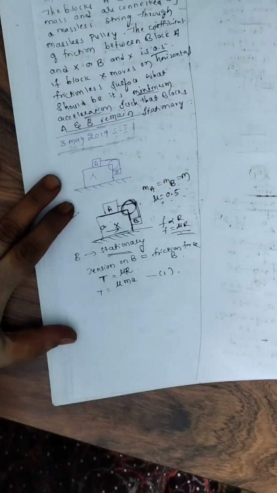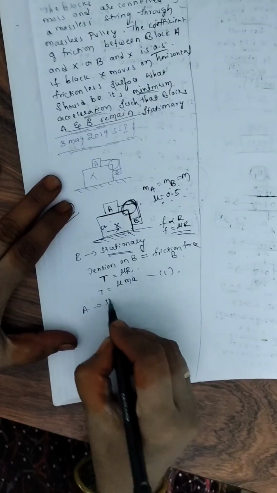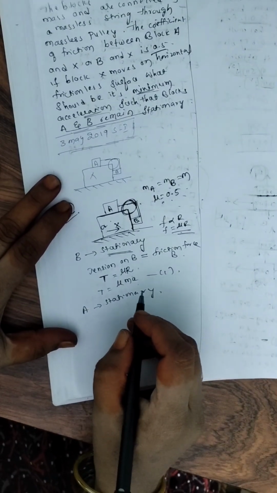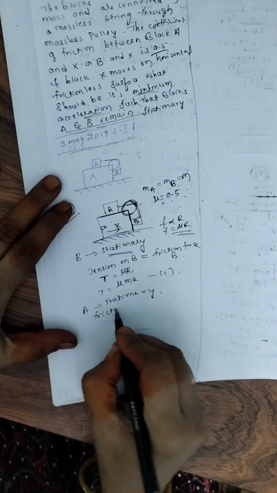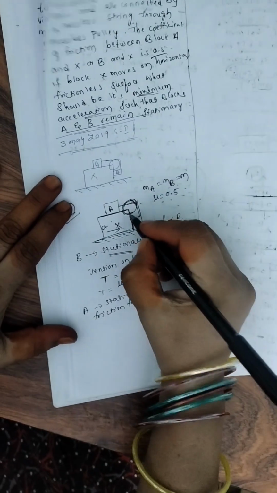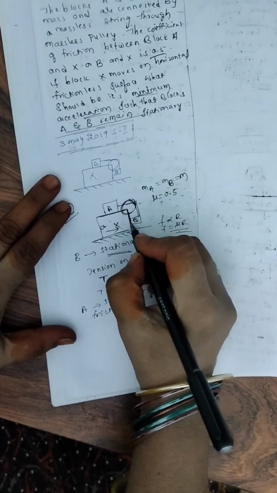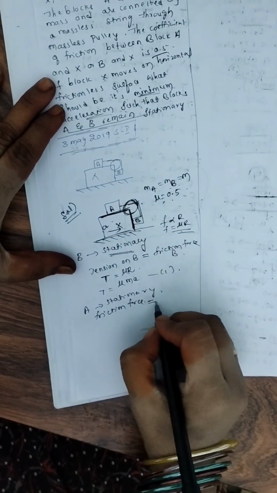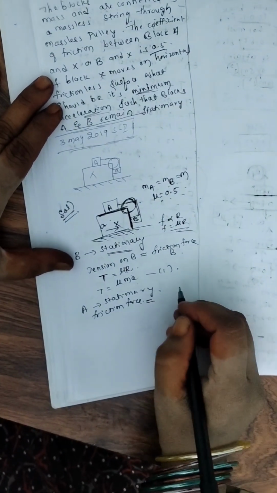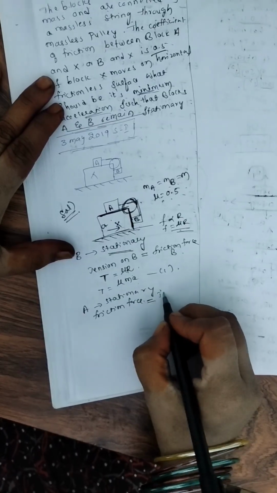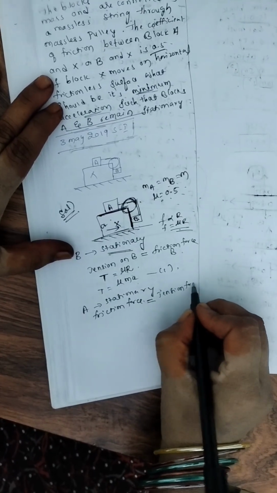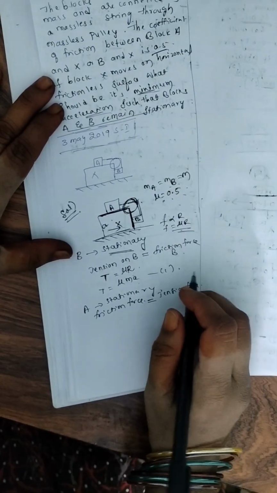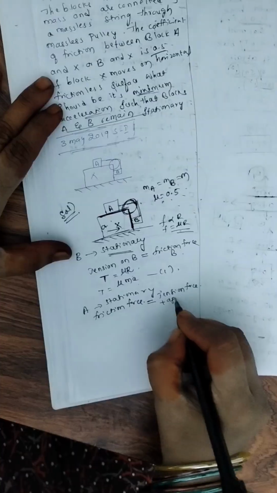Next, let us talk about A being stationary. The same concept applies here also. For block B the friction force acts here, and for block A the friction force is here. The friction force must be equal to the sum of the tension force applied on block A and the applied force.